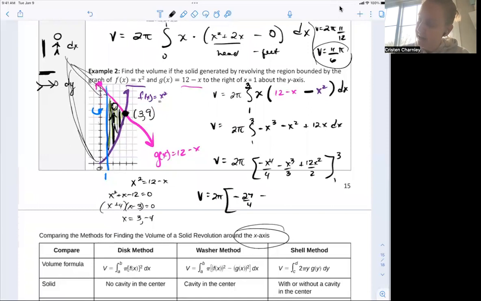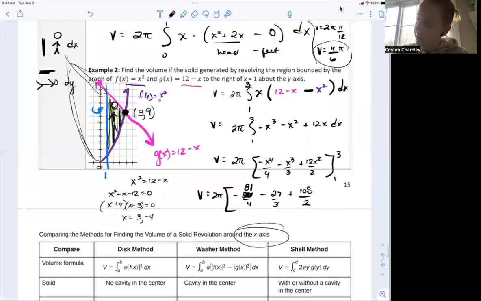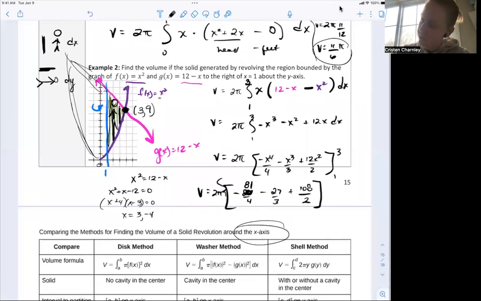That's not right, is it? Nope, this should be 81. Minus 27 over 3 plus 12 times 9 is 108 over 2. I'm definitely not going to get this done in my head, am I? Minus 1/4 minus 1/3 plus 6.